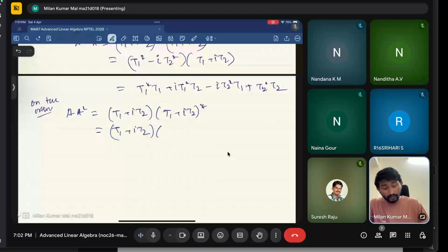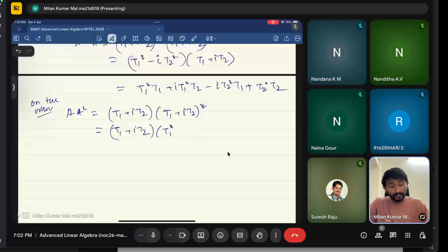So that's why it will hold minus i T1 T2 star plus i T2 T1 star minus i square, that is plus 1 into T2 T2 star. As T1 star is equal to T1, T2 star is equal to T2, then A star A is equal to A A star.